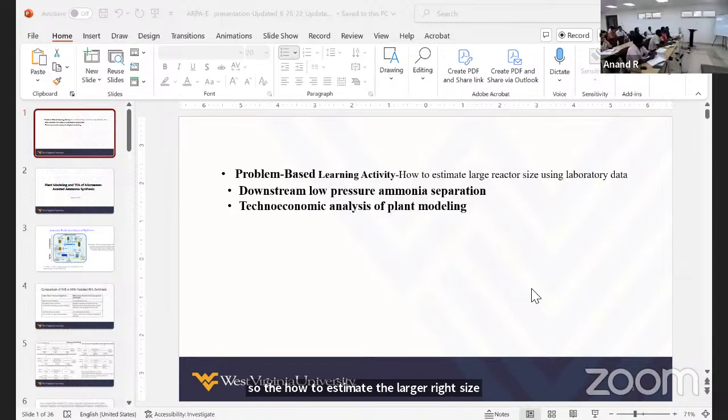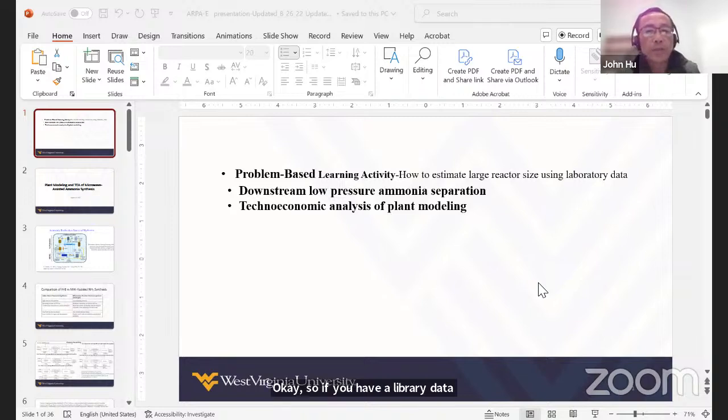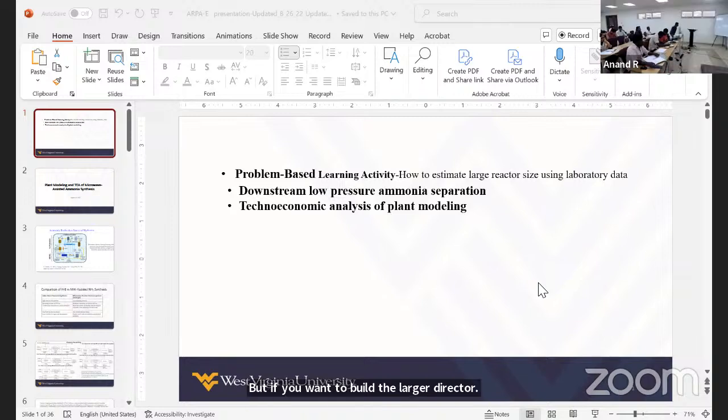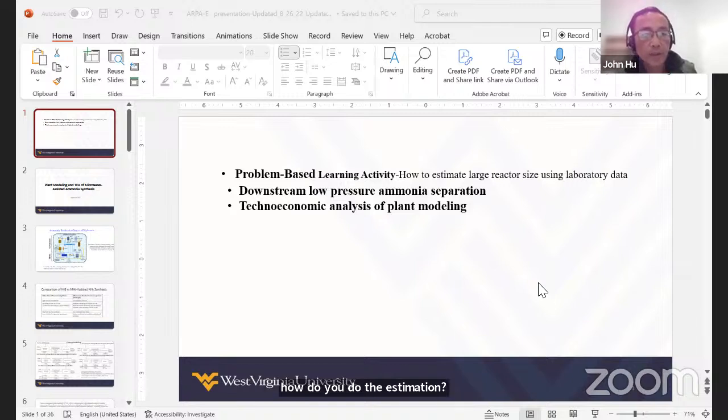If you have laboratory data, but you want to build the large reactor, how do you estimate the reactor volume? I will show you one simple example.